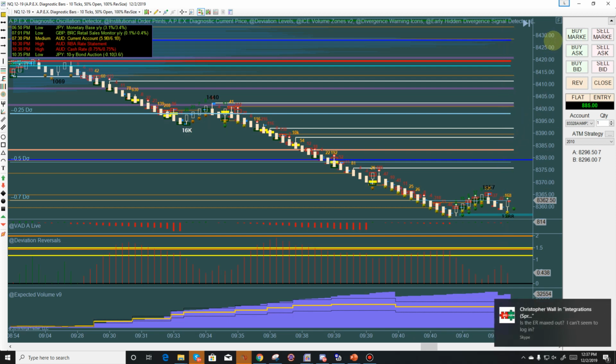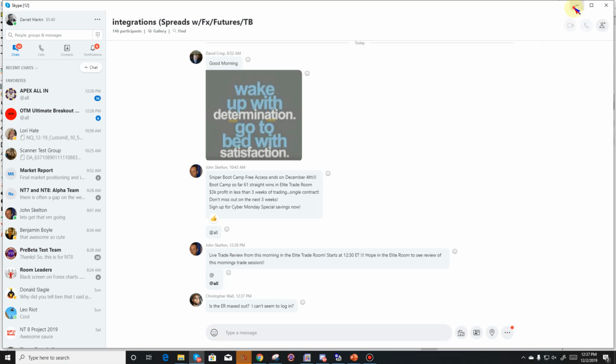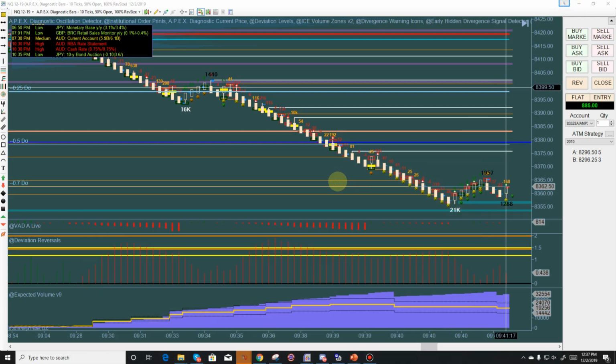Another thing, if I go in and zoom in, you can see that there was a triple dipper that also confirmed that trade as well. And one of the things that happens is when I see this and then this bar starts forming, I put my order in immediately.